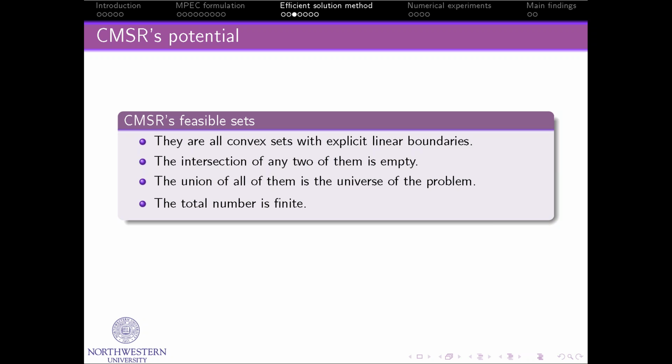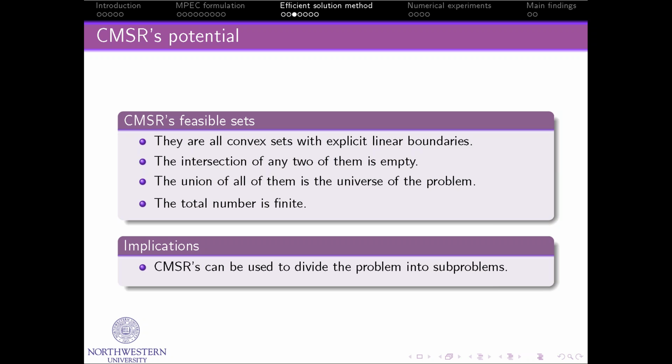So the intersection of any two of the CMSRs is empty, and the union of all the CMSRs is the universe of the problem. And since the total possible combinations of existence patterns are finite, the total number of CMSRs is finite. So CMSR is a good way to divide the problem into subproblems.